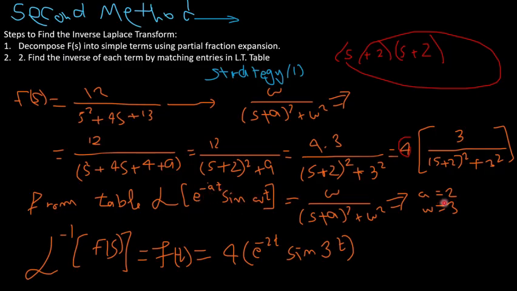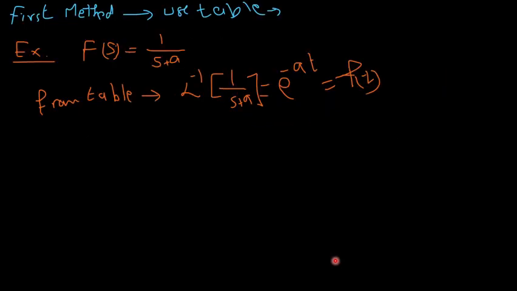Here omega is 3 and a is 2. So the inverse Laplace transform of 12 over s squared plus 4s plus 13 is 4 e to the power of minus 2t sine 3t. So the first step: check the table.